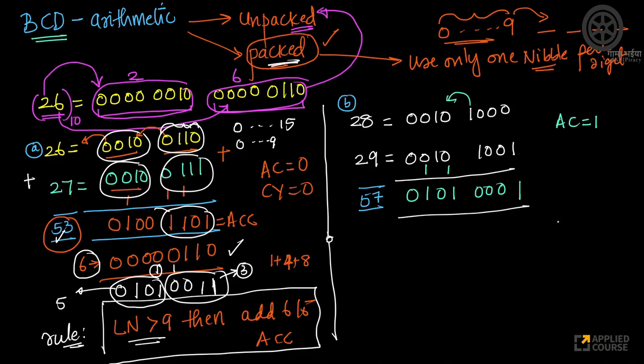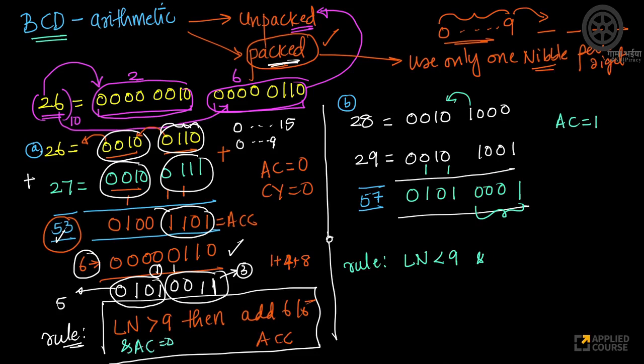Now look at this. What is the case that is there right now? My lower nibble. What is the rule that I have to write? My lower nibble is less than 9. This value is 1. And here I need to write one more case. My lower nibble is greater than 9 and my auxiliary carry is equal to 0.